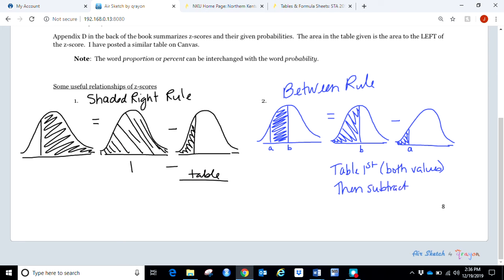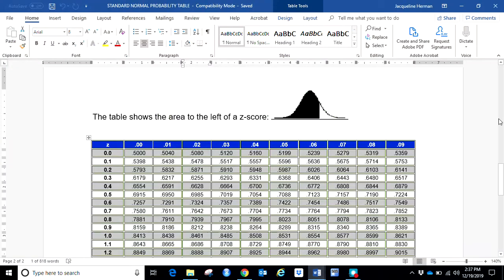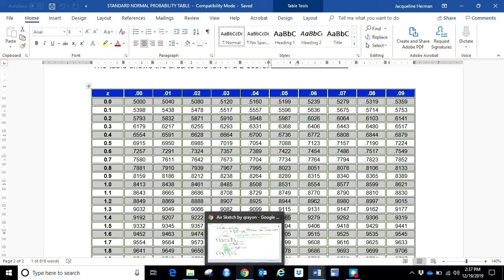All right, so doing that for our problem. I'm going to take both the +1.45 and -0.73 to my table. First, the +1.45. Remember, the 1.4 is my row to go to. The 5 is my column to go to. So I'm going to find 0.9265 in the table for this one.